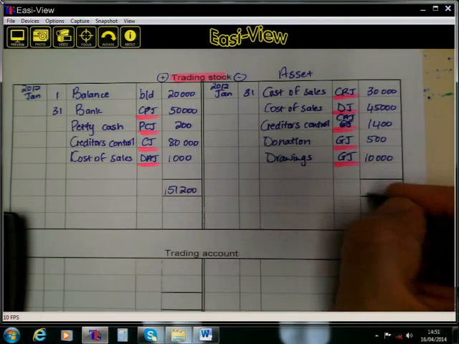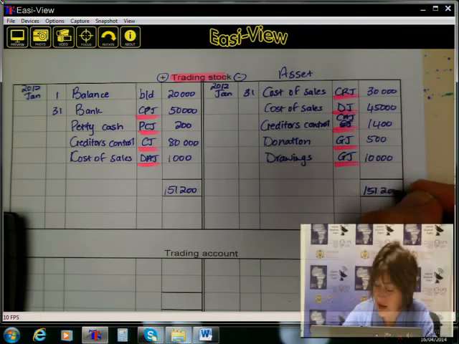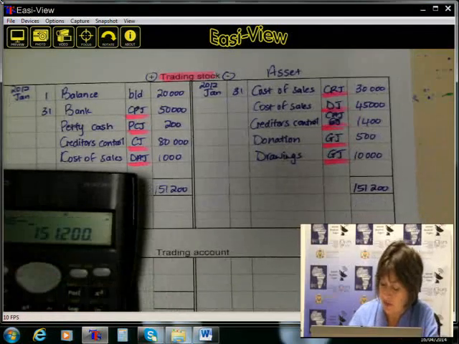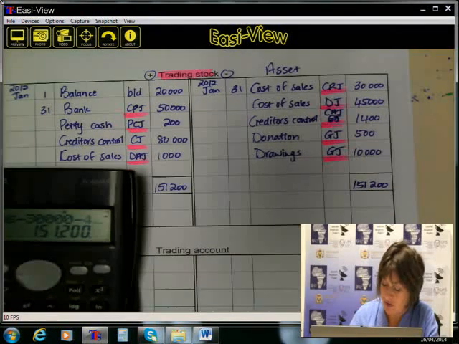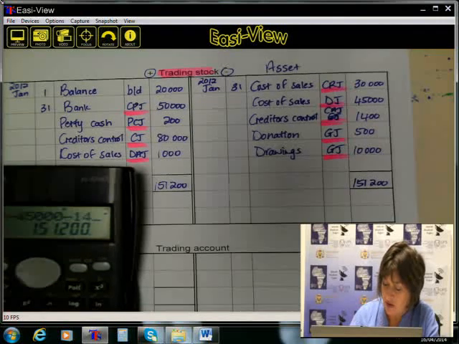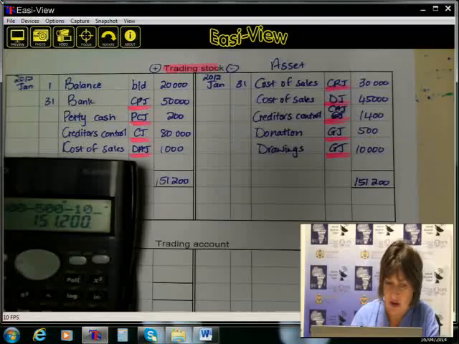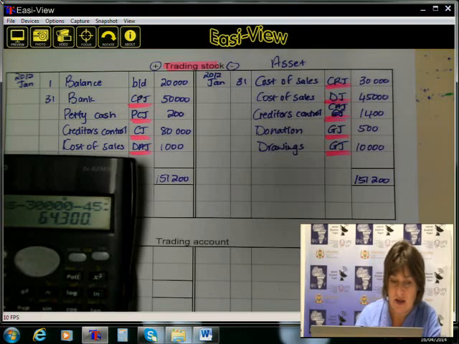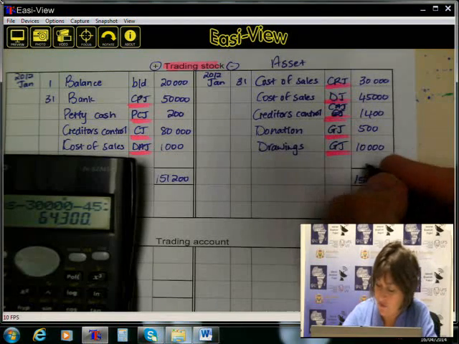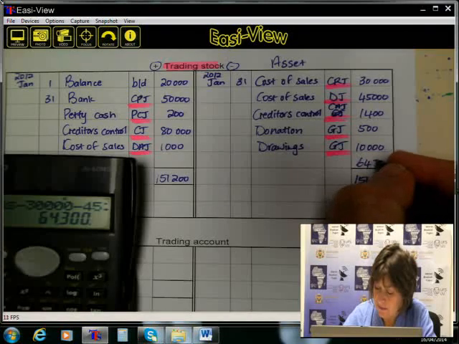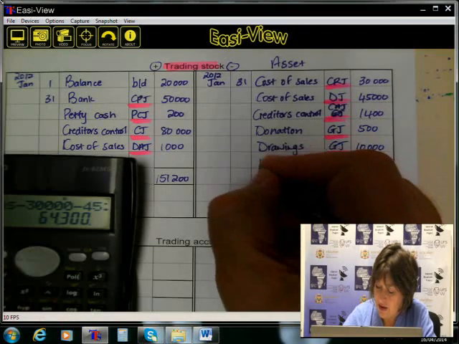We put the 151,200 there. And we subtract the 30,000, we subtract the 45, the 1,400, the 500, and the 10,000. So that means that we've got a balance of 64,300 at the end of the year.